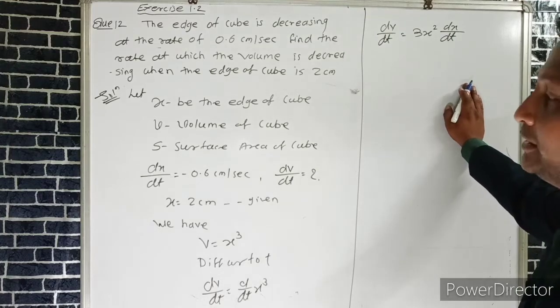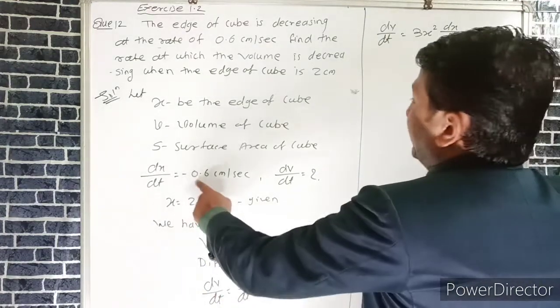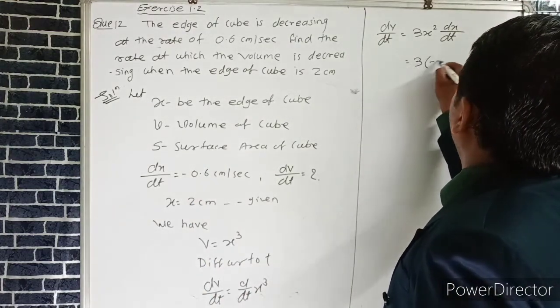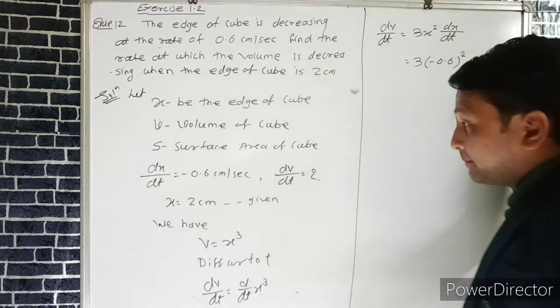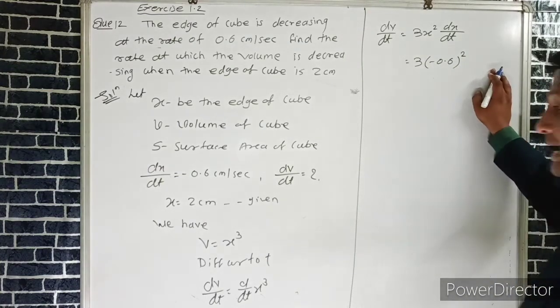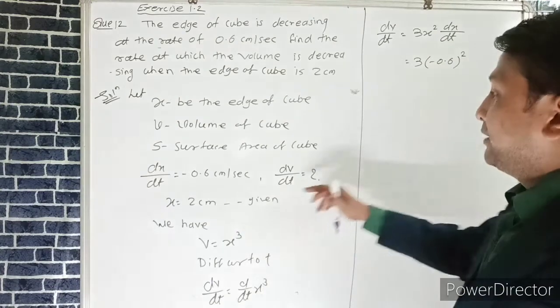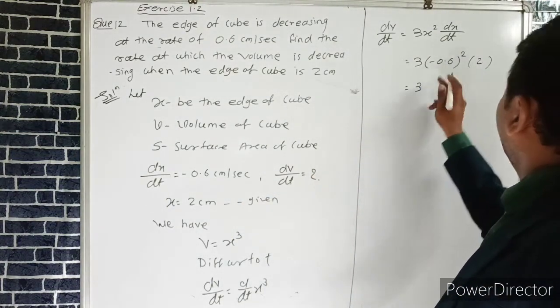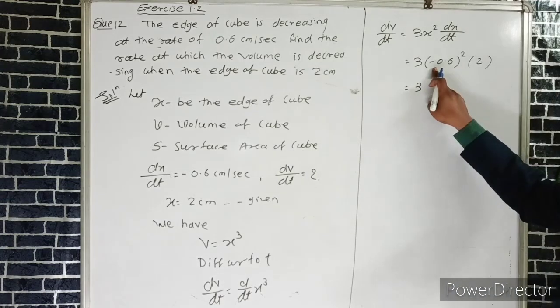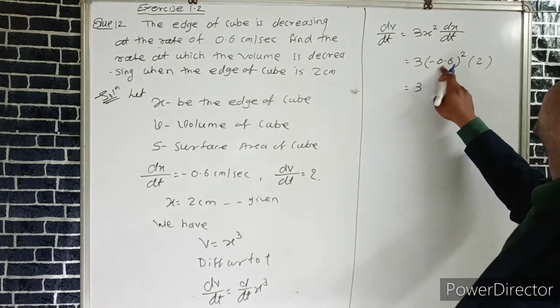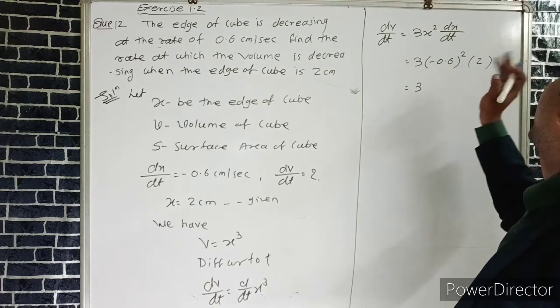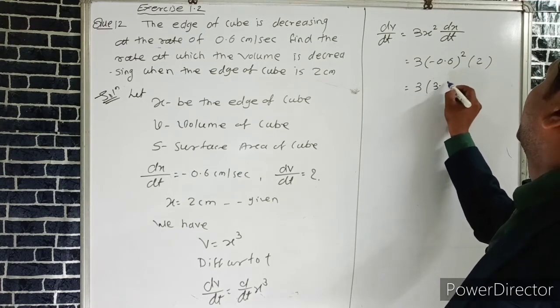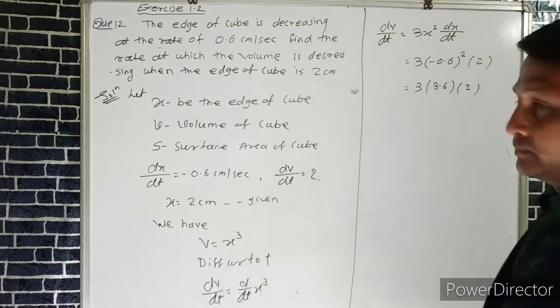But by the given condition, dx by dt is minus 0.6, so 3 into x square into dx upon dt, when the value of x is 2 centimeter. The square is always positive, hence we can write the square of 0.6 as 3.6 into 2.